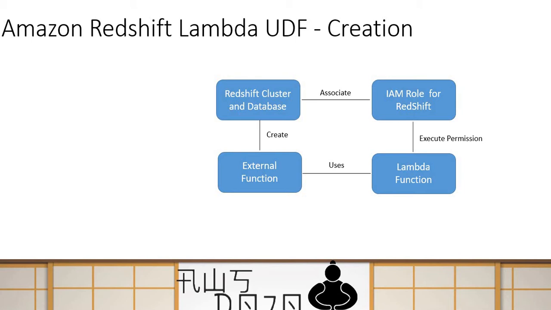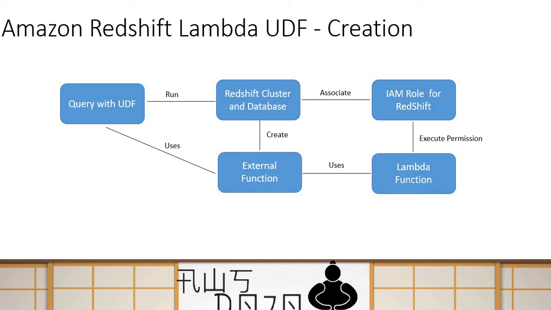And once you have defined the user-defined function using the external function, then you can query this UDF in your SQL statement. When you call this UDF, it in turn uses the Lambda function to provide you the result. So this is what it takes to create a UDF in Redshift using Lambda.